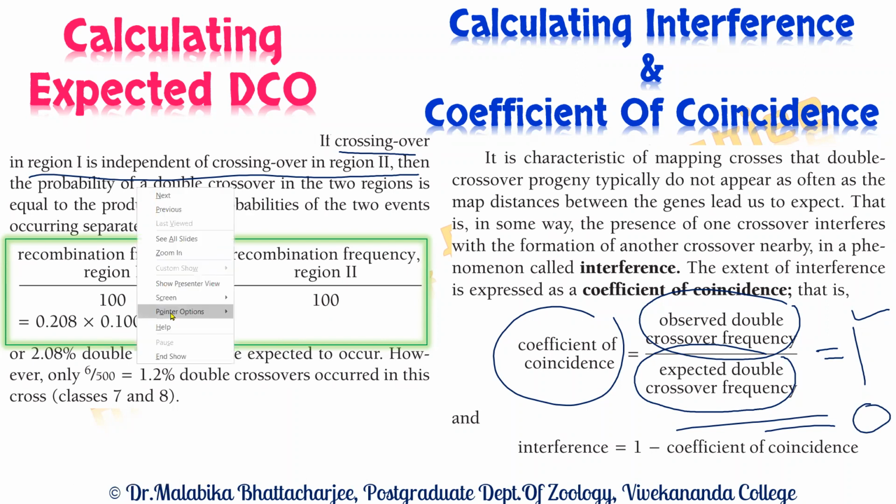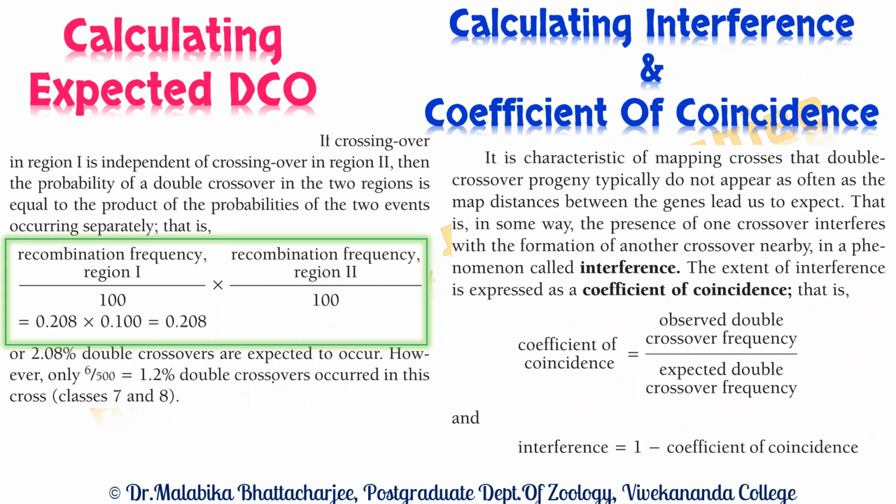And what might be the other situation? The other situation is that if the coefficient of coincidence is 0, and we place a value 0 here, you can see the interference is 1. So if the coefficient is 0, then we are having an interference value of 1.